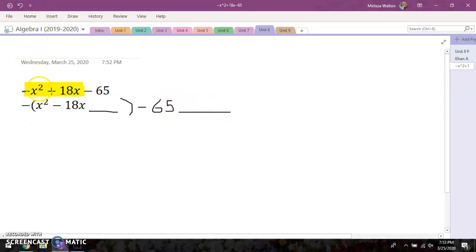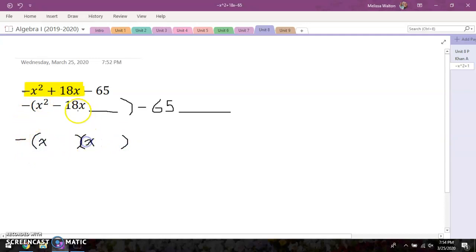So here's the reason that we did this. We had a negative out in front of the x squared. Typically, that negative needs to be outside of my parentheses, so I factored out a negative. Negative x squared divided by negative 1 is just x squared, and then 18x divided by a negative is a negative 18x.